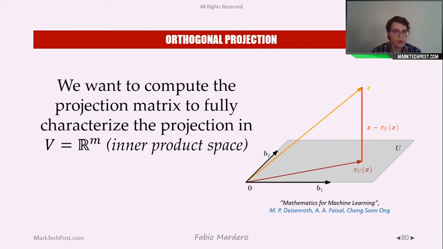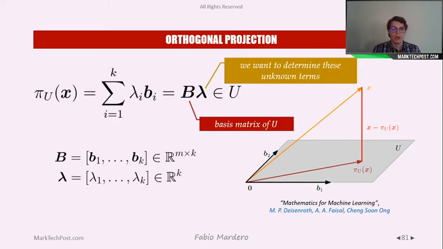Now we would like to compute the projection matrix that fully characterizes the projection on a Euclidean vector space, considering the inner product space in which our inner product will be the dot product. First of all, let's express pi of x as a linear combination of the basis. Which basis?